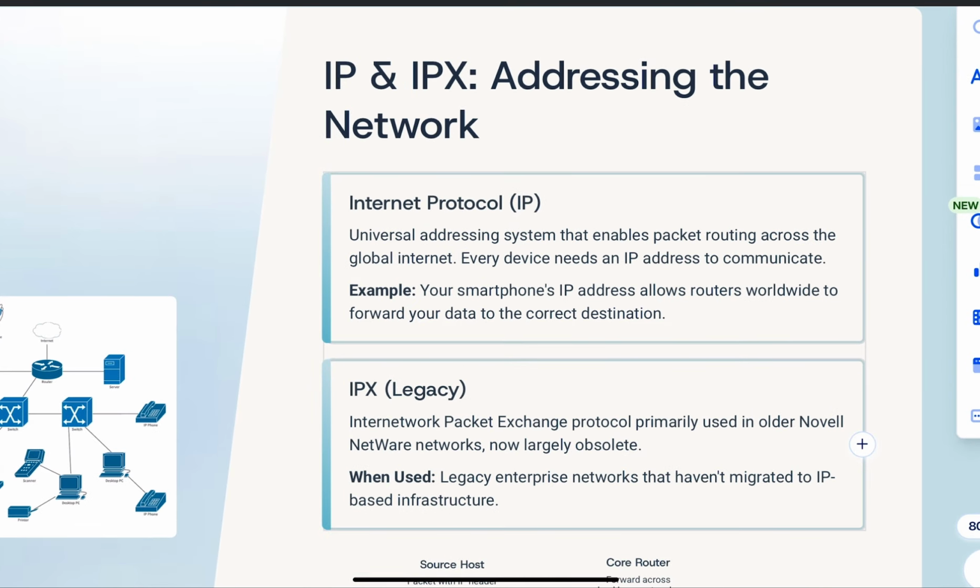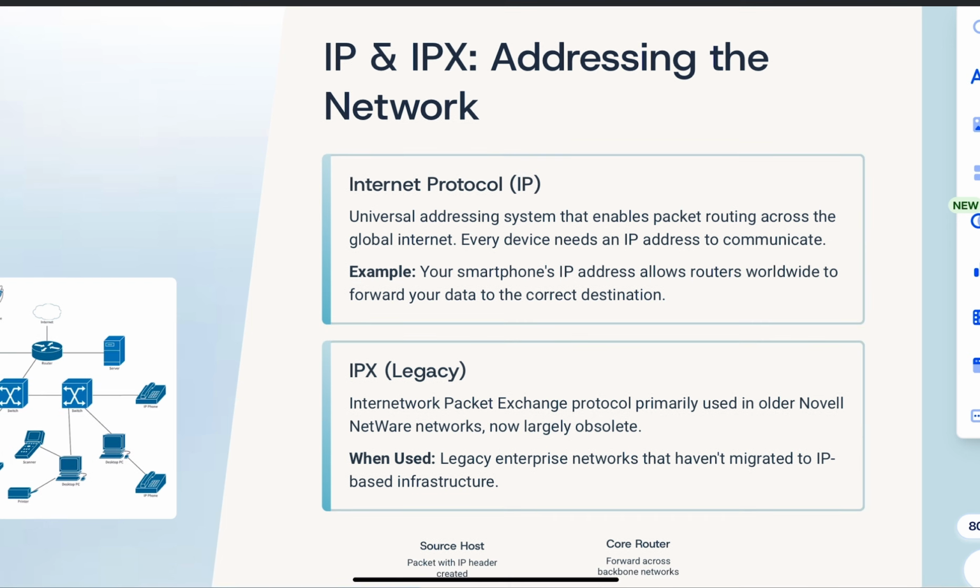So talking about IP and IPX, this is basically addressing the network. How do you address the network? The internet protocol is the root, the universal addressing system that enables packet routing across the global internet, and every device needs an IP.